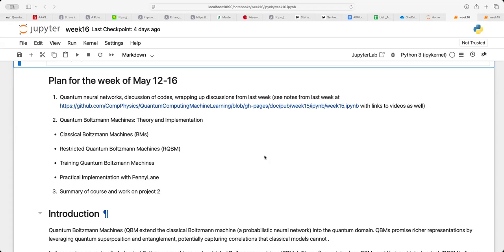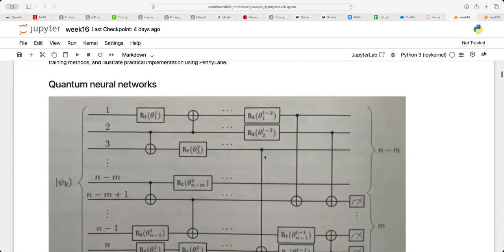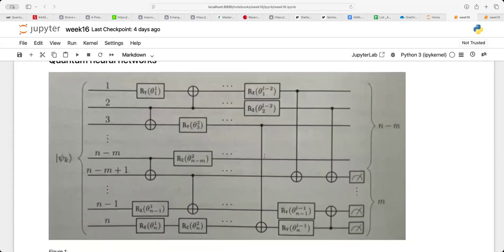So one of the things I wanted to say a little bit about today, besides discussing the codes and the architecture, is the way you actually set up a quantum neural network. Now, there is an image here, which is perhaps not the best one, but you could think of, in this specific case, that you have something which we would call a given number of quantum registers.